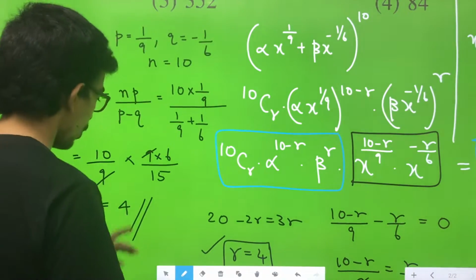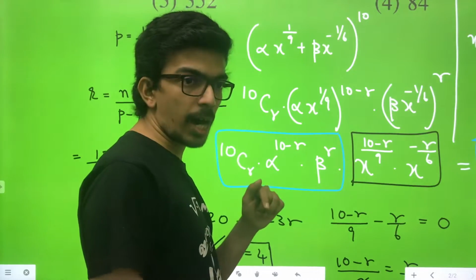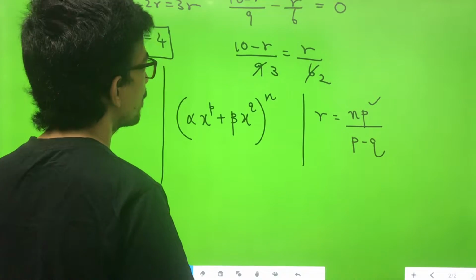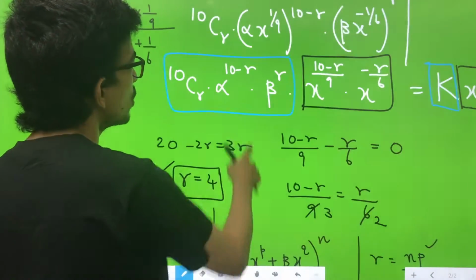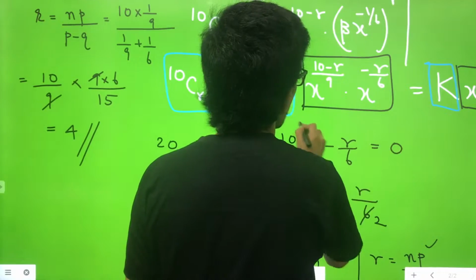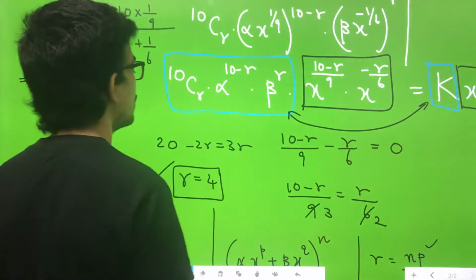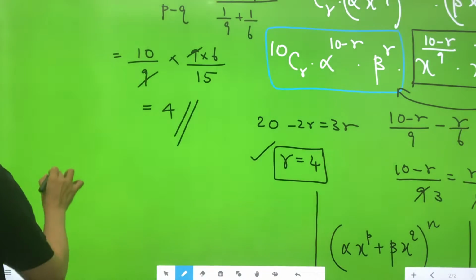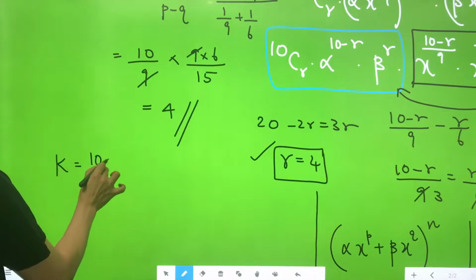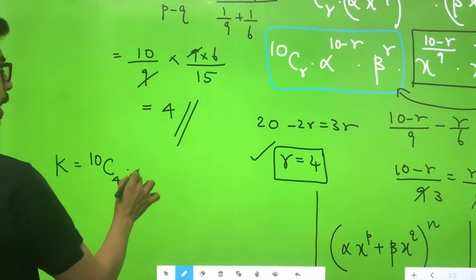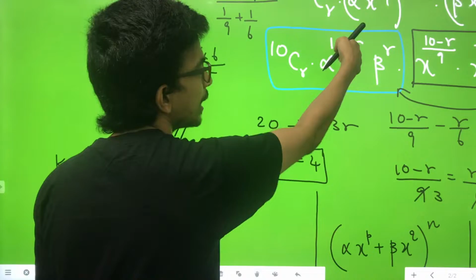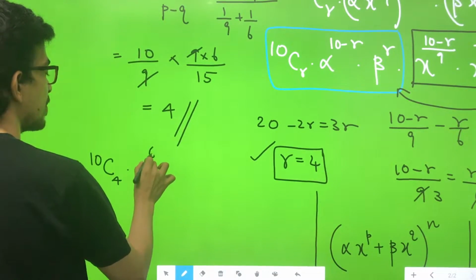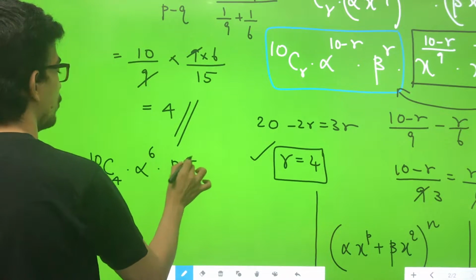Okay. Now you go back and substitute the value of r to get the value of k, the coefficient. Where was our coefficient? This was our coefficient. K was equated as this number. So k is going to be 10c4 into alpha power 10 minus r, which is alpha power 6 and beta power 4.